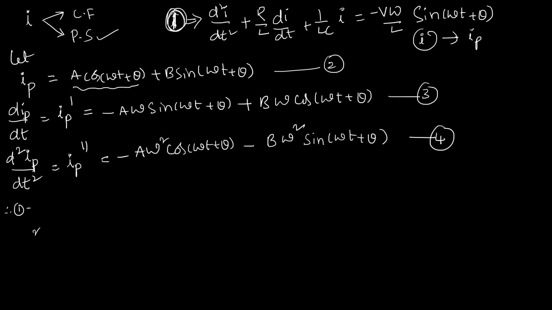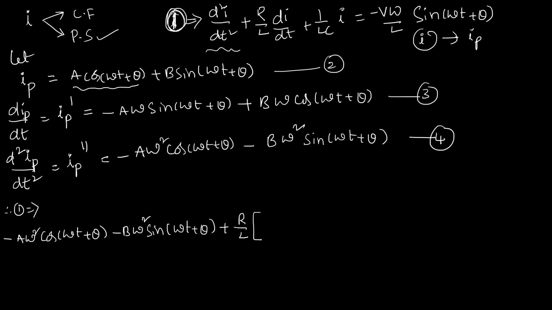Now from the first equation, what can we write? First term, d square IP by dt square, is equation 4: minus a omega square cos(omega t plus theta) minus b omega square sine(omega t plus theta). Second, r by l into di by dt, that is equation 3: minus a omega sine(omega t plus theta) plus b omega cos(omega t plus theta).